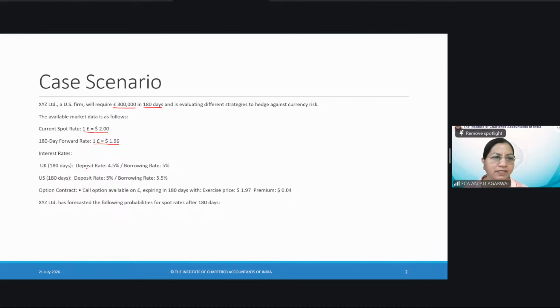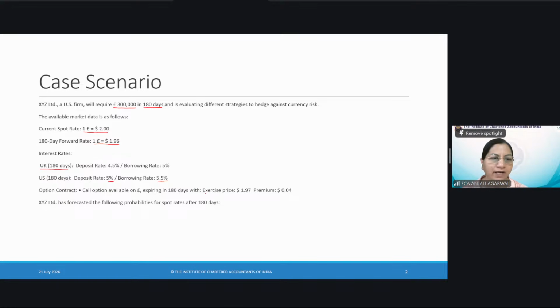The interest rates in UK for 180 days are 4.5% for deposit and 5% for borrowing. In US, it is 5% for the deposit and 5.5% for the borrowing rate. So we see that the rates in UK are less as compared to US.